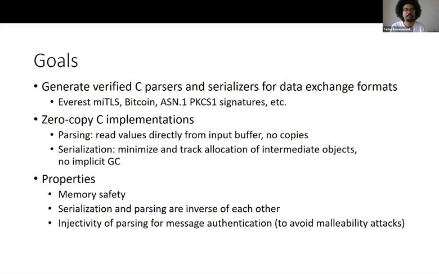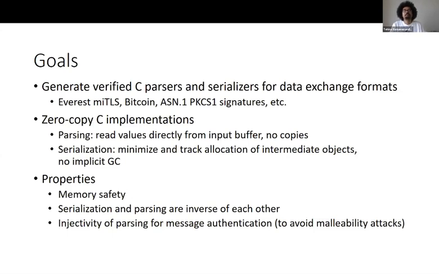So we want to generate verified C parsers and serializers for data exchange formats, so networking or host-guest communications in virtual machines or anything. So TLS, Bitcoin, ASN1 certificate signatures or anything. We want to generate zero copy C implementations.